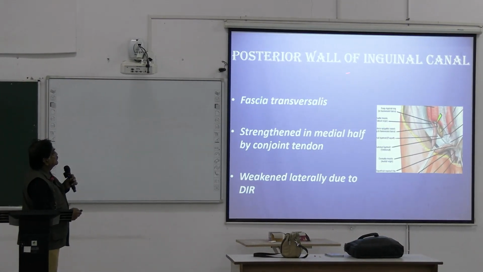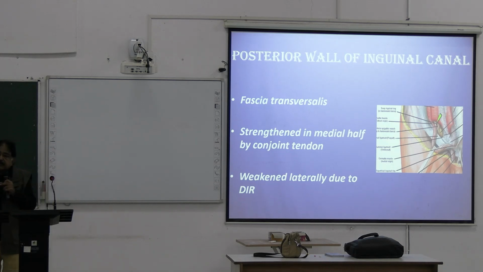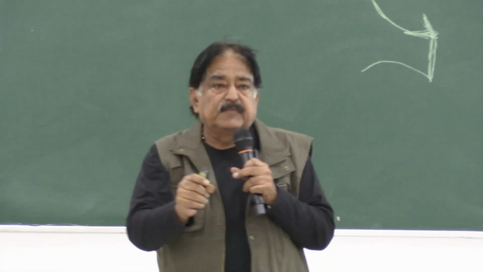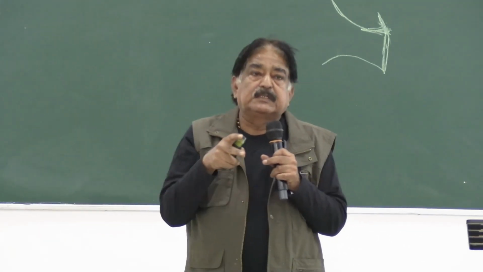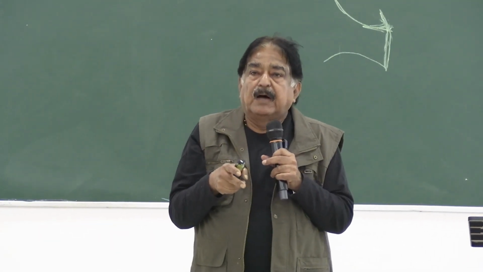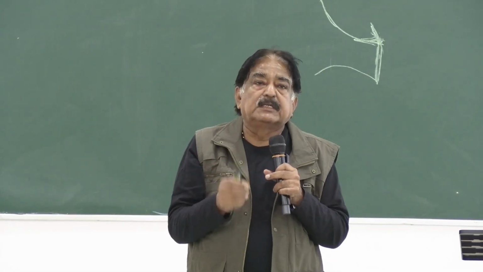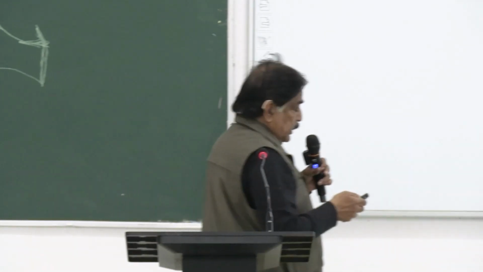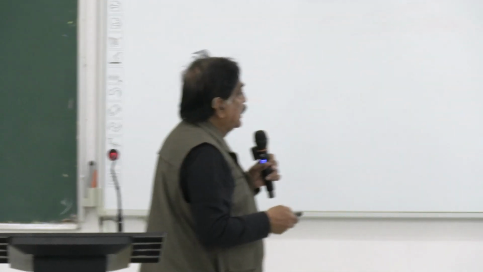Now, fascia transversalis, the posterior wall of the inguinal canal, strengthened in medial half by conjoint tendon. You can see the individual structures in the dead body. You can identify it because these landmarks are very important for surgery, and it is weakened laterally due to deep inguinal ring.